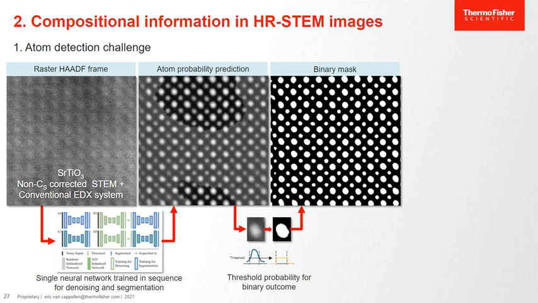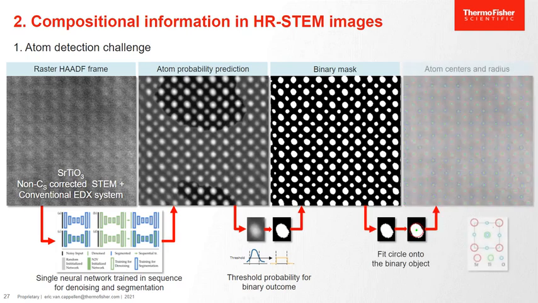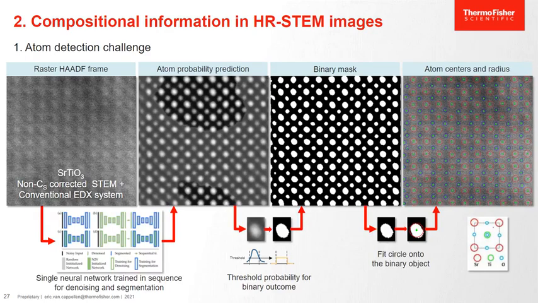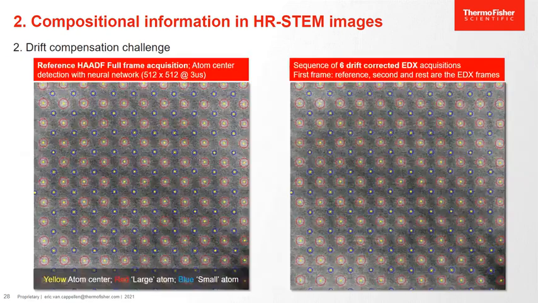And now we can tell that atoms are round, and we get this final map. So all the green dots are the coordinates of atom positions, and the red big circles represent big atoms, and the small blue circles represent small atoms.